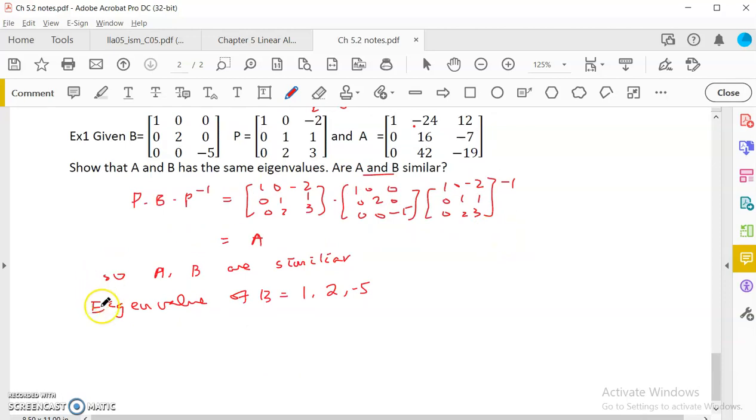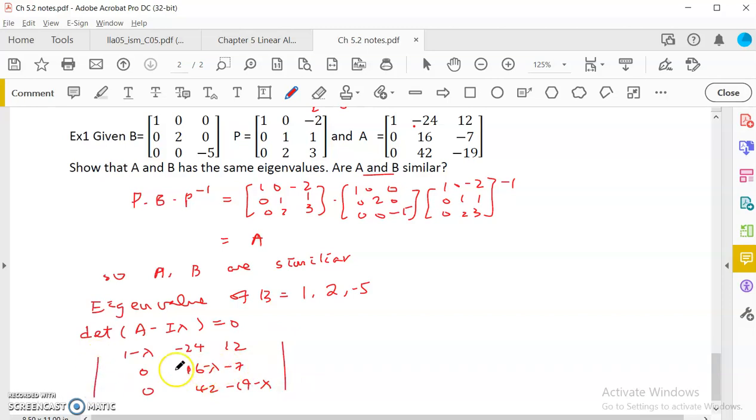We solve the determinant of A minus lambda I equal to 0. That means the matrix with 1 minus lambda, negative 24, 12, 0, 16 minus lambda, negative 7, 0, 42, negative 19 minus lambda.